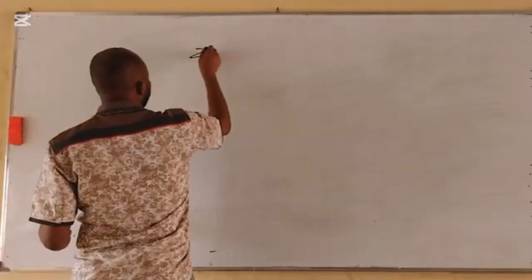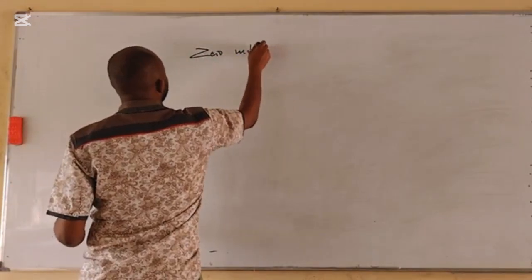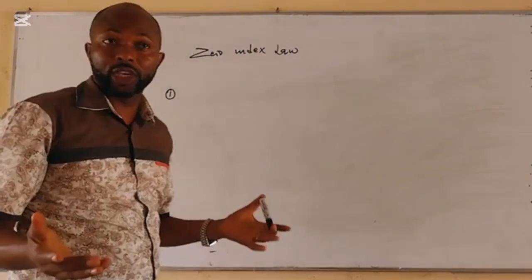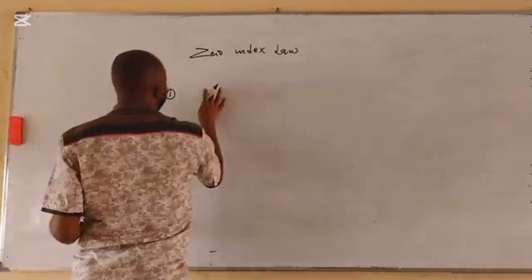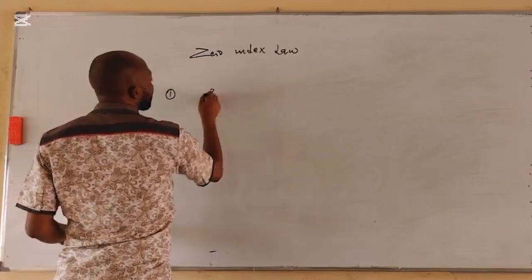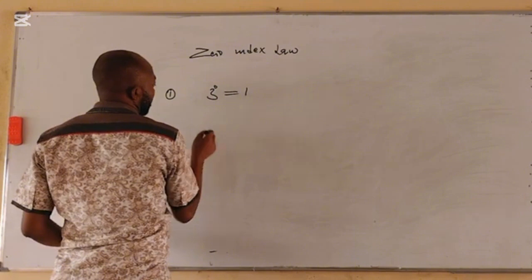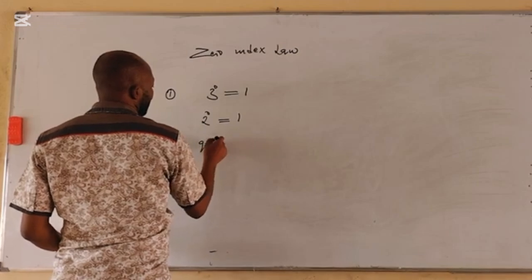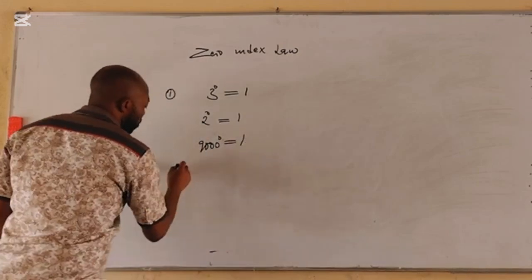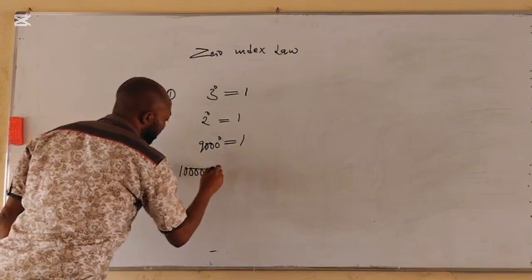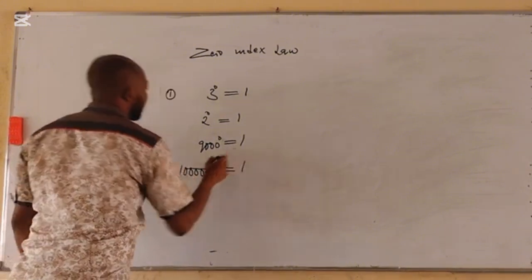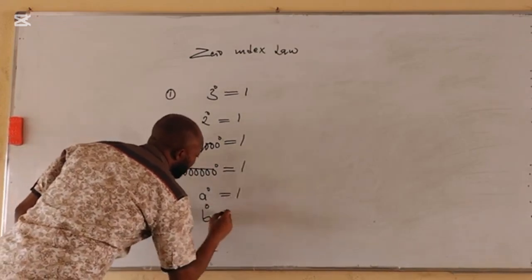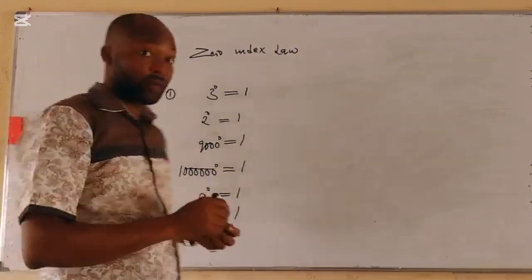Example: 3 raised to the power 0 is equal to 1. 2 raised to the power 0 is equal to 1. 9, 100 or 1,000 raised to the power 0 is 1. 1 million raised to the power 0 is 1. a raised to the power 0 is 1. b raised to the power 0 is 1. Anything raised to the power 0 is 1.